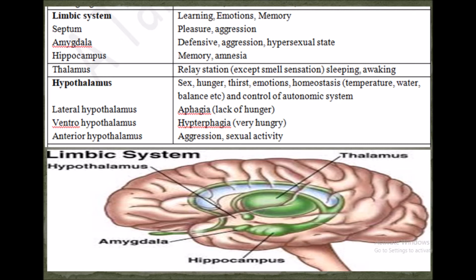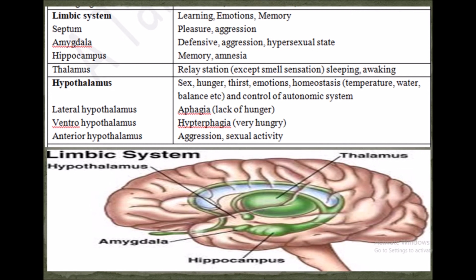On the other hand, in ventral hypothalamus, when any disturbance, any distortion occurs in the ventral hypothalamus, the person will feel very hungry. This is another type of disorder that is called hyperphagia. In hyperphagia, the person feels very hungry.